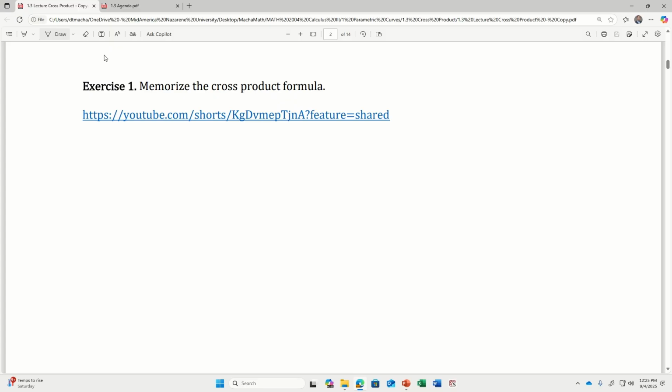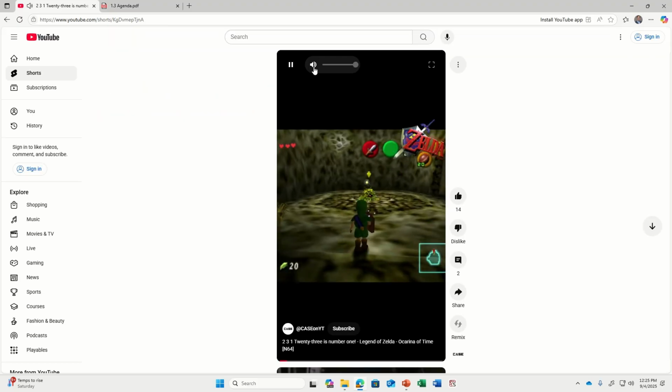It might not hit the same for this generation because you're used to really good graphics, and the graphics are very rudimentary on an old Nintendo 64 game. But even today, I think it's still at the top of the list on Metacritic, where they compile the scores of professional video game critics.